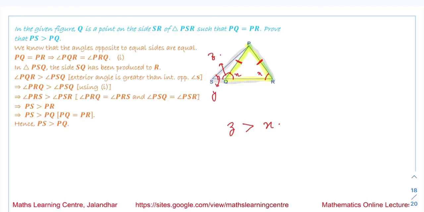Now if we look at the triangle PSQ, this X is the exterior angle and this Y is the interior opposite angle.